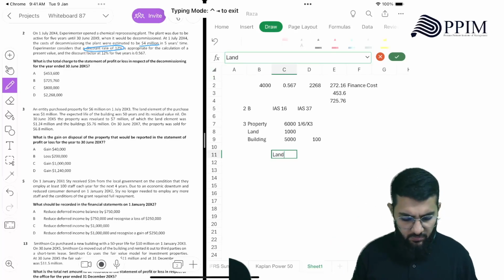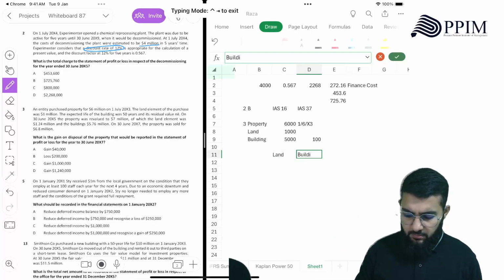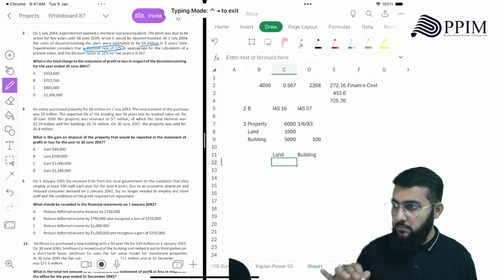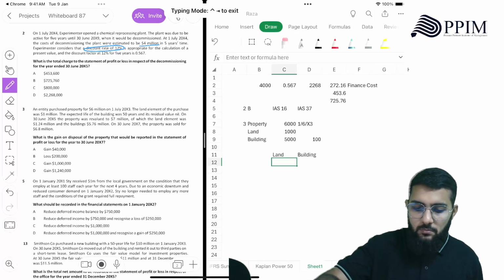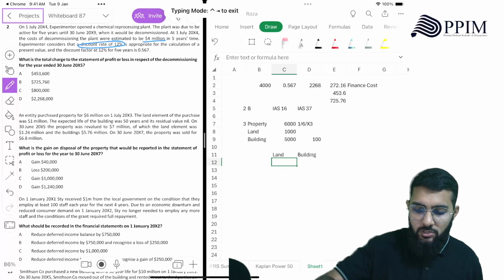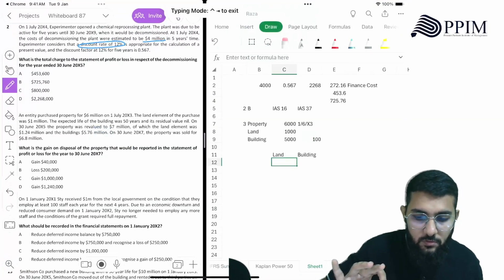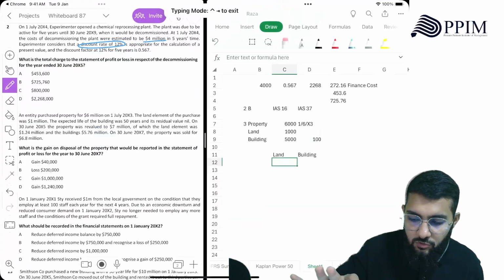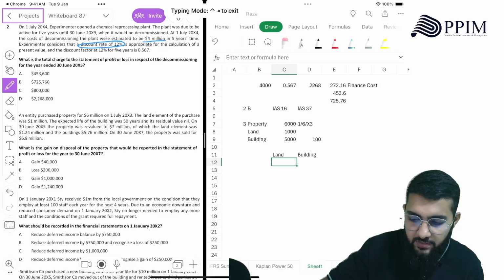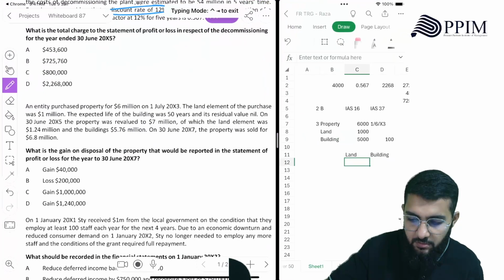Land, building. If I zoom the question, I have to zoom it out a little bit. That's okay, no? If Excel is zoomed out a little bit, is that okay? Works okay? Sure? Right.